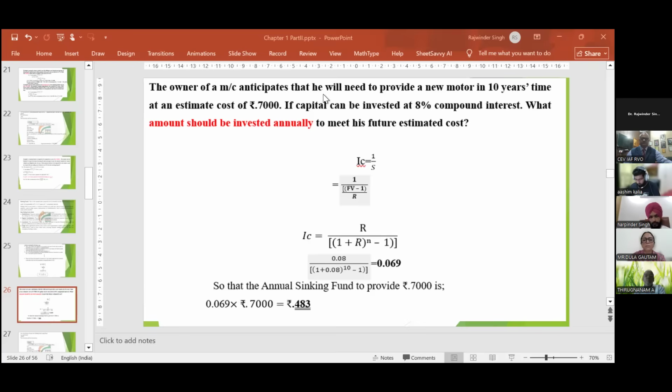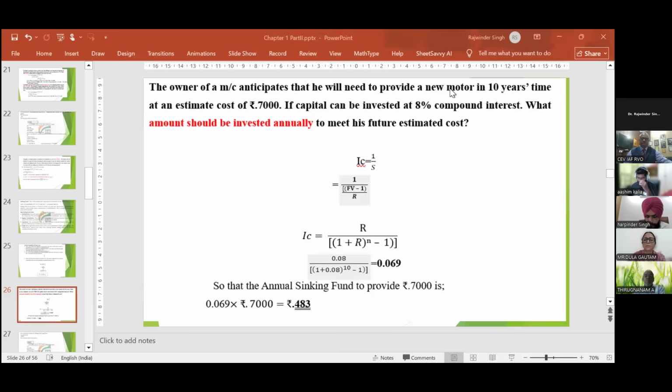By reading this question, first you must understand what you need to calculate. Here you need to calculate the sinking fund, and then you apply the formula. The formula for the sinking fund is IC, which is equal to 1 upon S, which is R divided by FV minus 1, or R upon (1 plus R) to the power n minus 1.